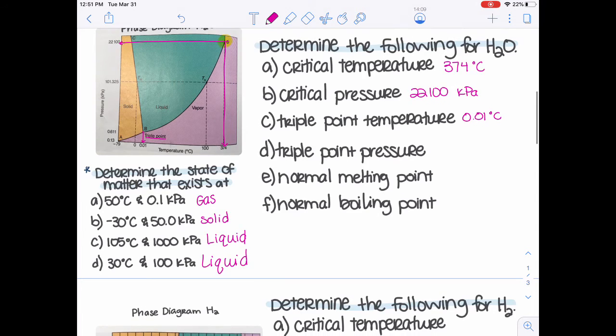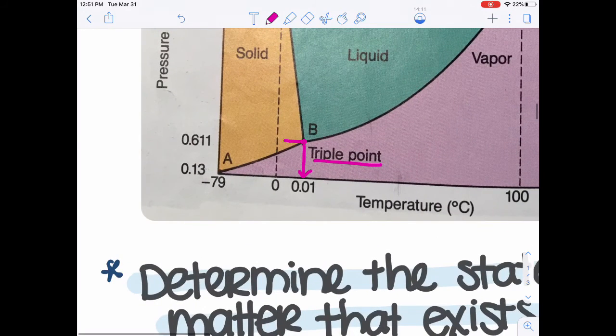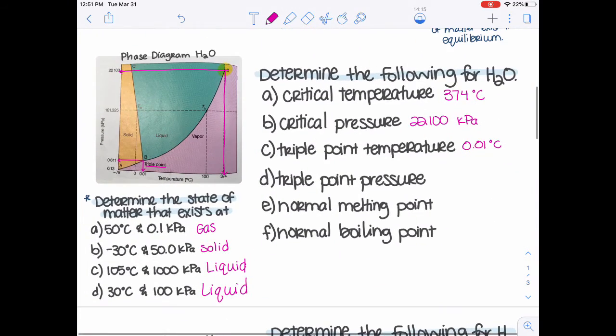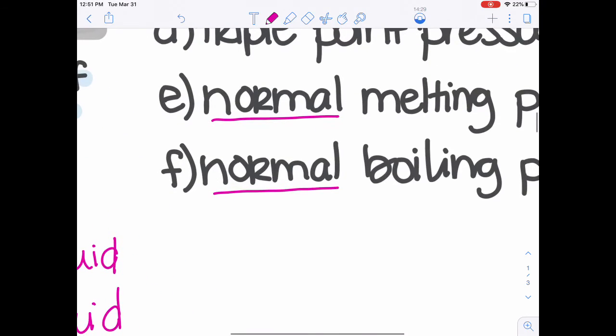The triple point pressure then is, from the y-axis, 0.611 kilopascals.